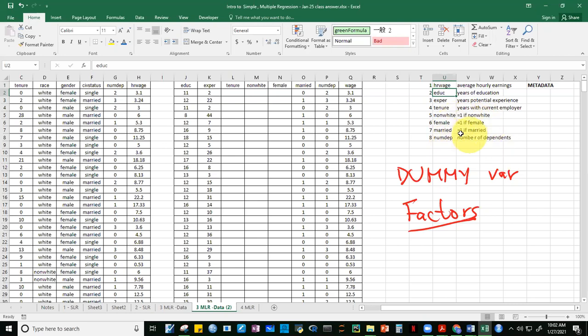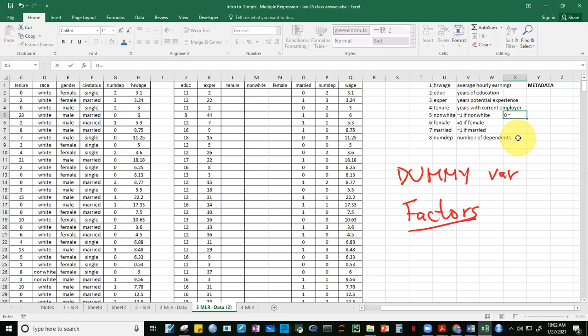This is arbitrary, guys. Pwede nyo gawing si white yung 1, si male yung 1, si single yung 1. It doesn't matter, guys. You'll get the same result. However, we have to do that. We have to set one of them as, okay, si non-white, 1. Therefore, sino yung 0 dito?